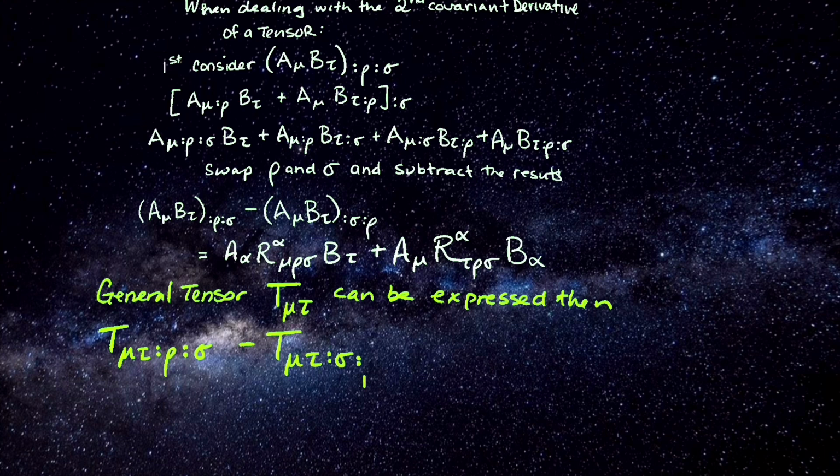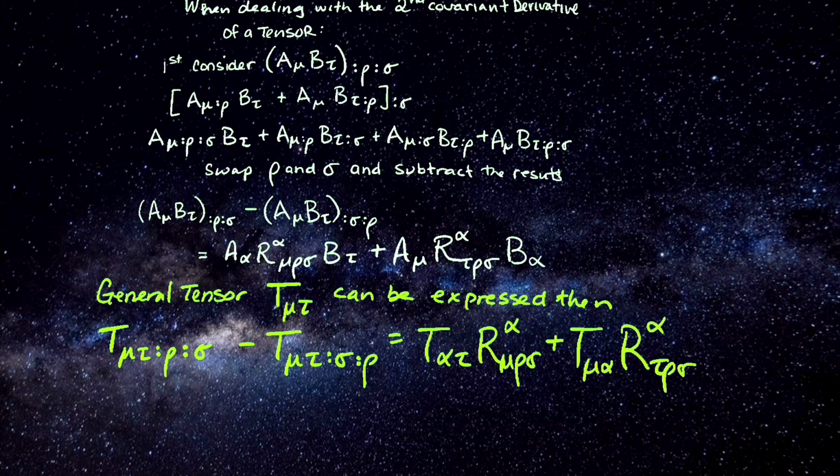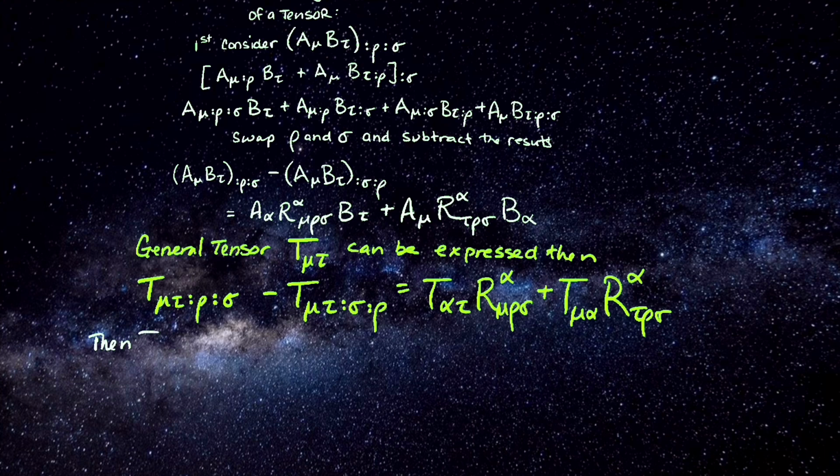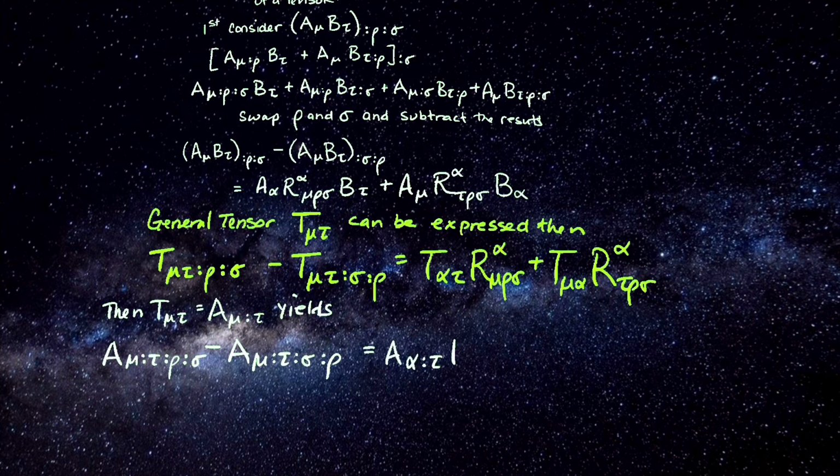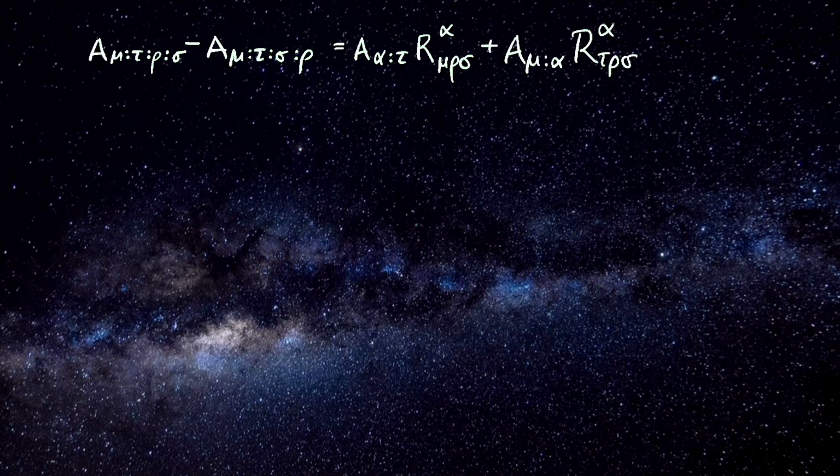Now, using the form of a second rank covariant tensor, we can express this difference in this way. And thus, if we allow that to be the covariant derivative of A mu tau, we can then simplify this expression for the general second covariant derivative.